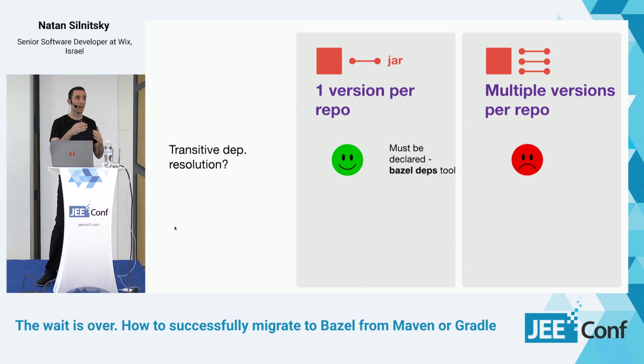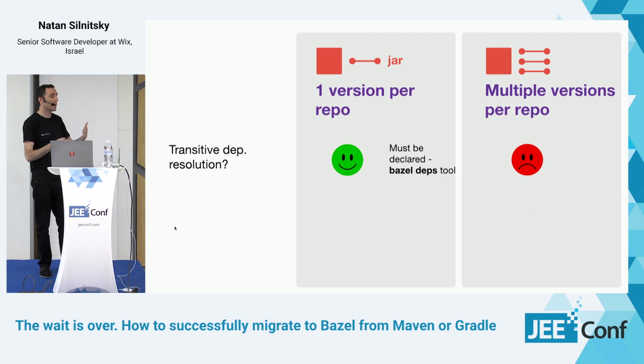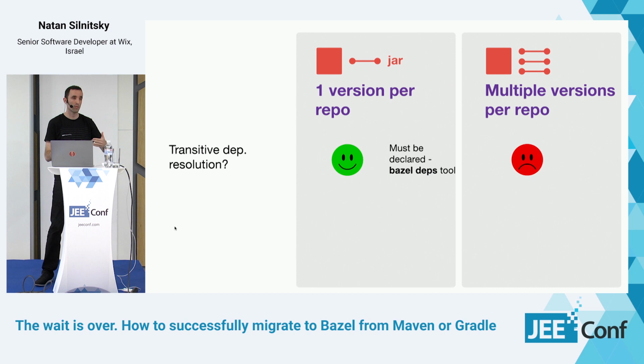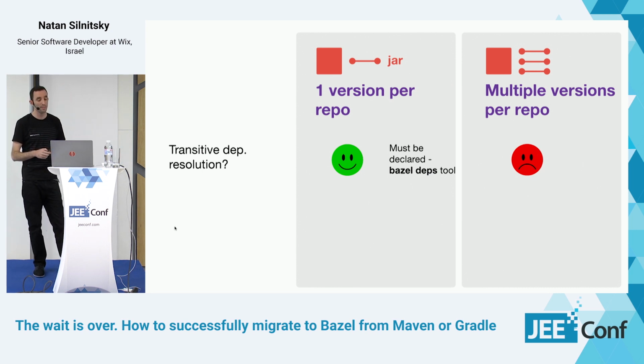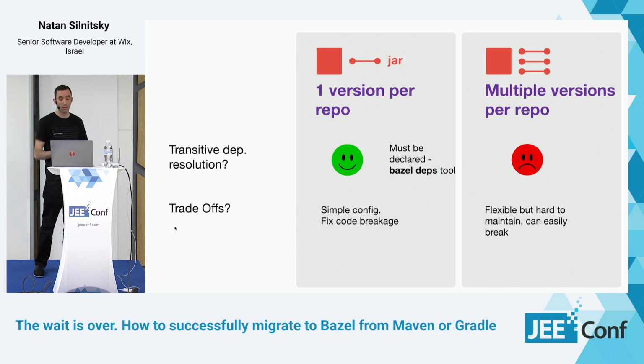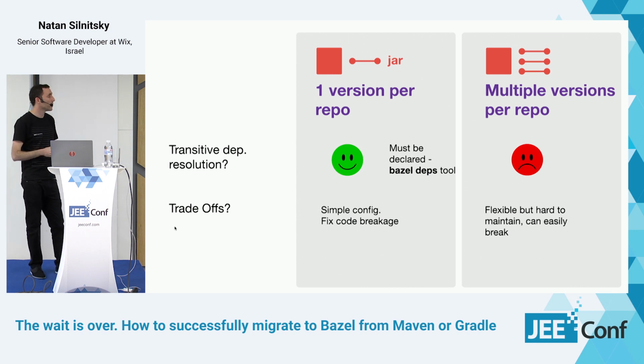And these tools usually, like Bazel Depths tool, will make sure that you have pretty much one version per repository. So you can try and do multiple versions. You probably get a lot of conflicts, and it's more fragile.